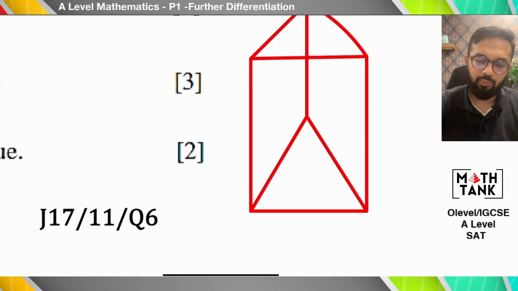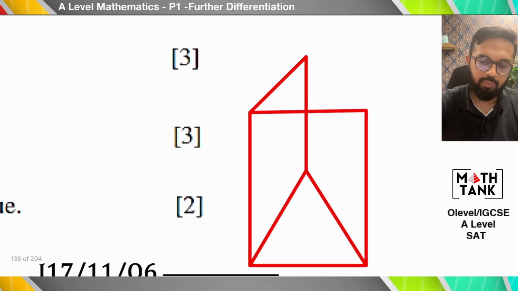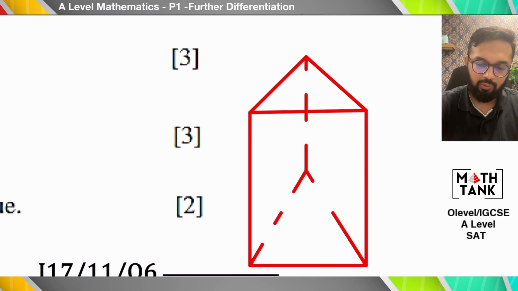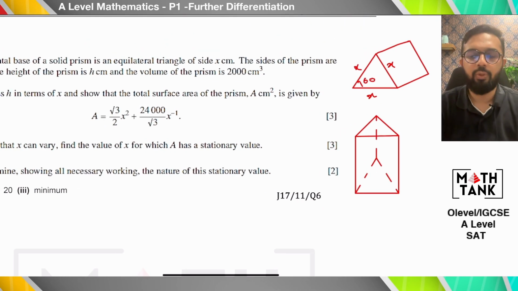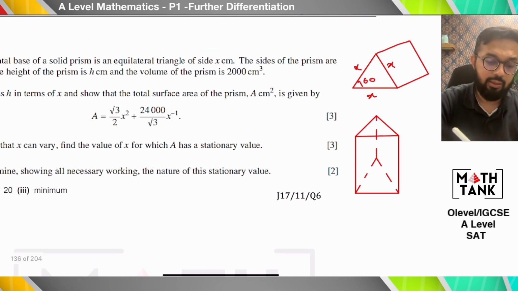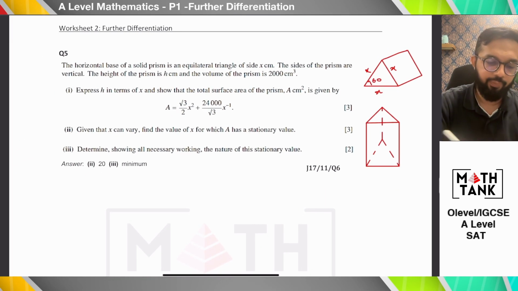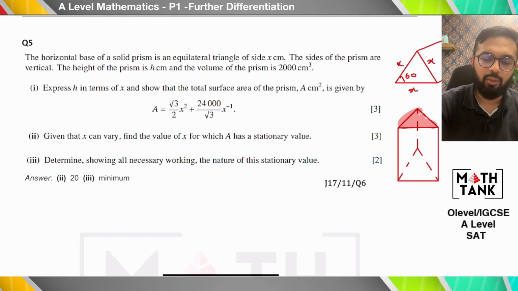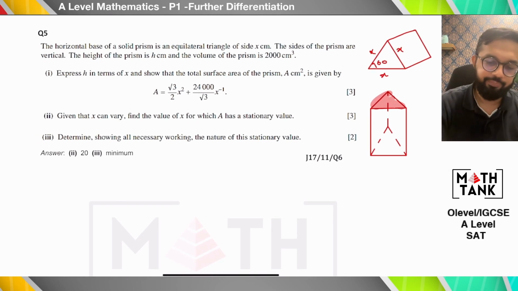So I can zoom in and erase some lines and you can see it better. So that is what my prism looks like. From the top, it should be an equilateral triangle. Then the height of the prism is h, and the volume of the prism is 2000.